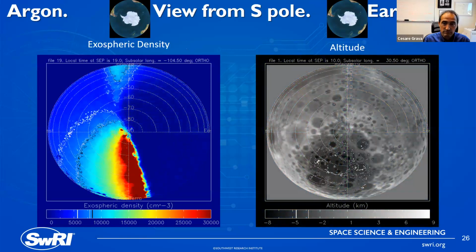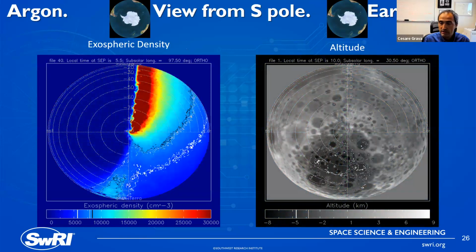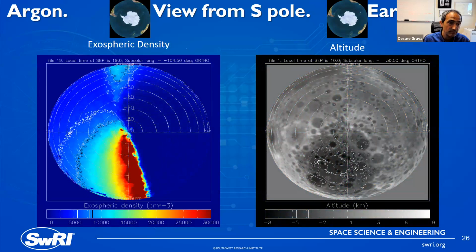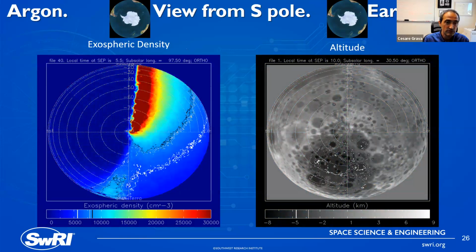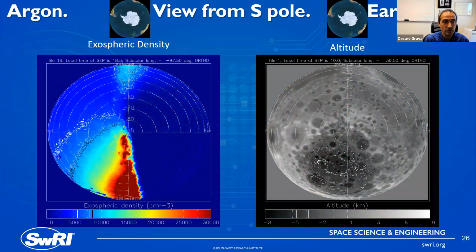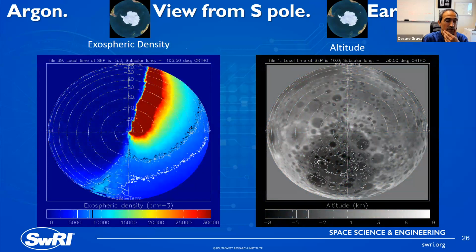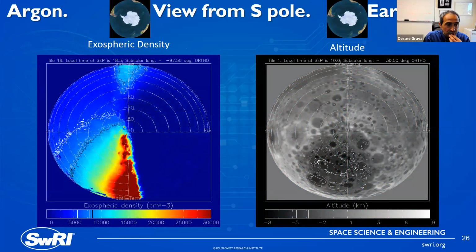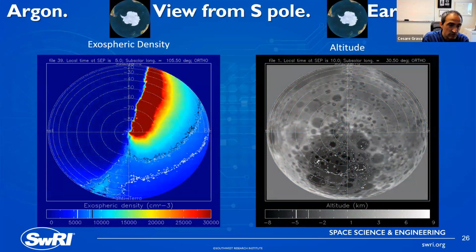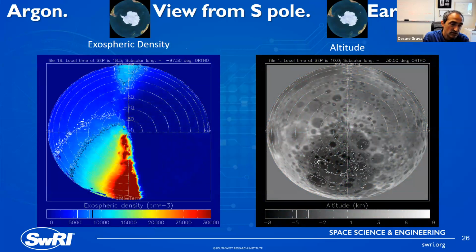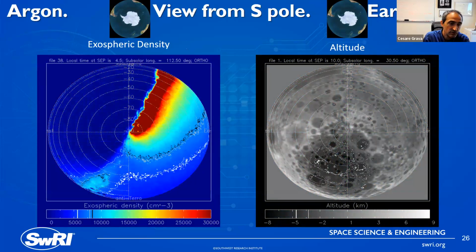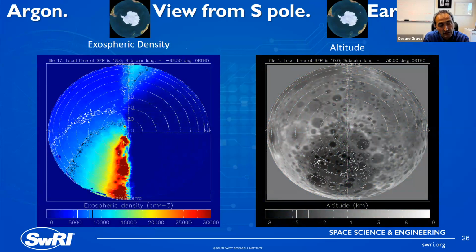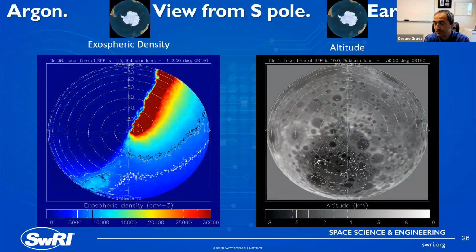So this is a correlation with the altitude. And of course, the altitude doesn't change because it's a view from the south pole of the moon. And you see that there's really no major change in the exospheric density with the altitude.